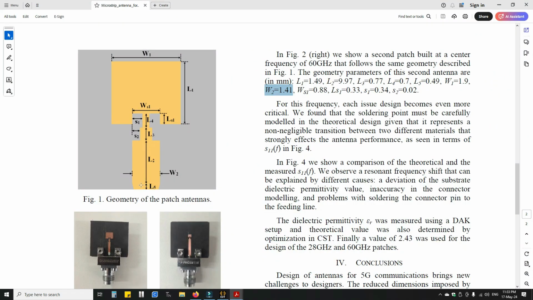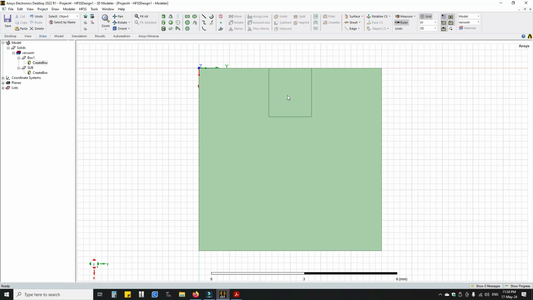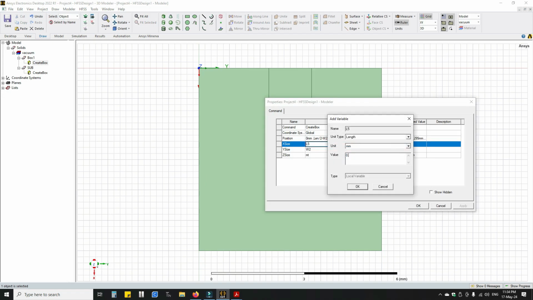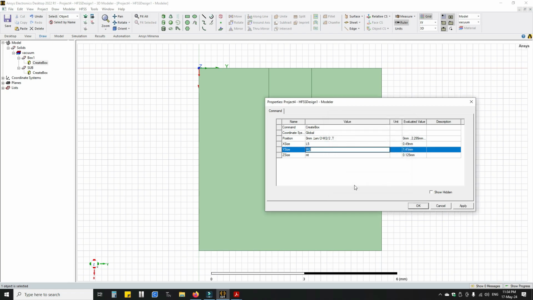See, the structure at the bottom, the length is L5. L5 is 0.49. Select this one, it is L5, 0.49 mm width. Apply. Here it is.